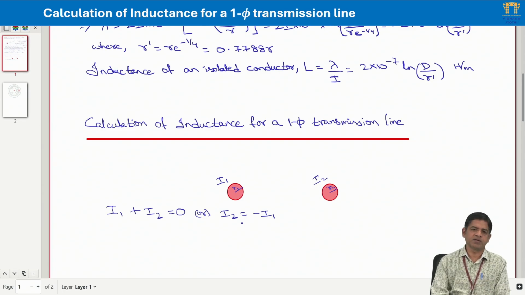Right. Now, first let us consider the flux which is produced by conductor 1 alone. And we know that when we say the flux which is produced by a conductor, it will be in the form of concentric circles around it. So here I have taken that case where I'll be considering the flux produced by conductor 1 alone.